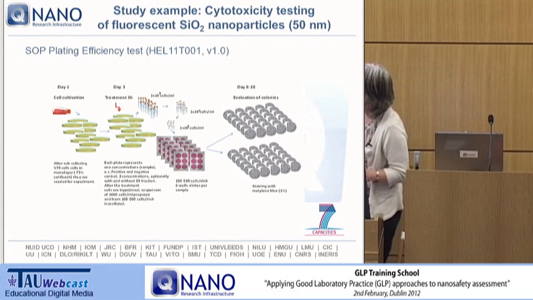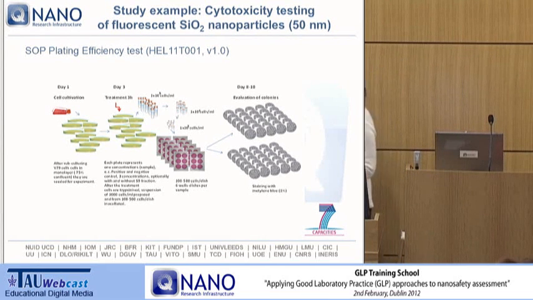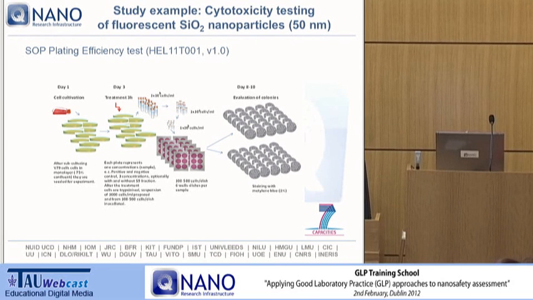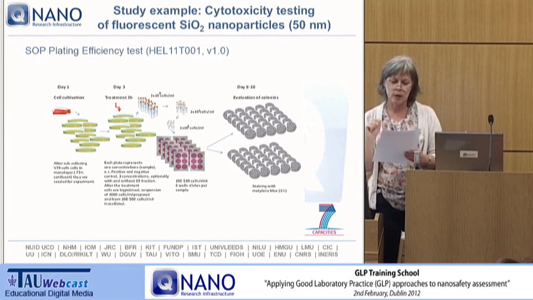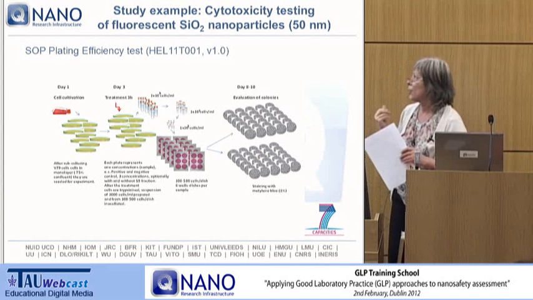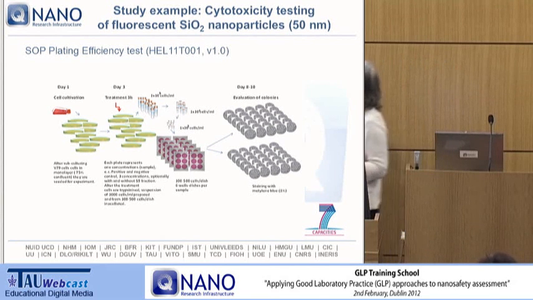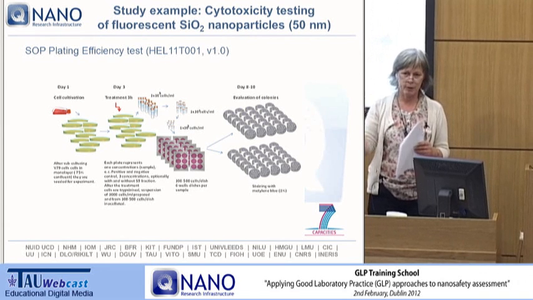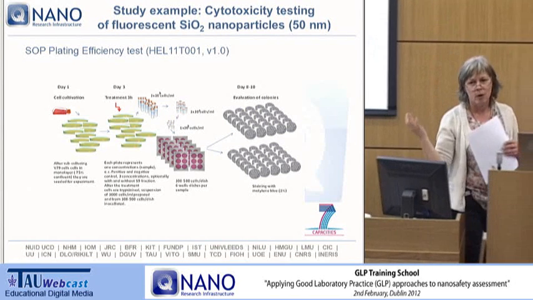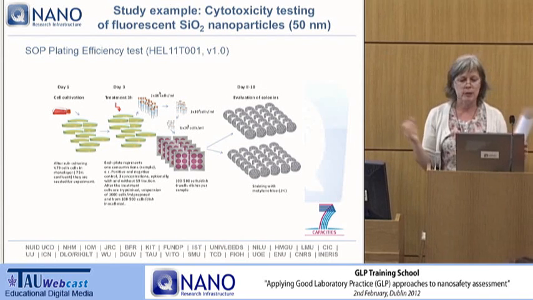So we simply seed the cells, then treat cells with chemicals or nanomaterials, and after the treatment we trypsinize them and inoculate them in a very small inoculum, like 100 cells or 200 cells. After a certain period, each viable cell makes a colony. So simply by counting colonies, we see what the cytotoxicity is.